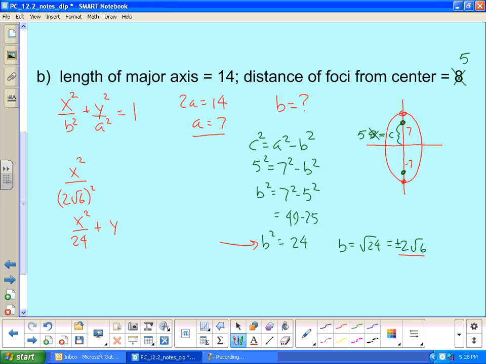Plus y squared over our a squared, and our a is 7 squared, so we're going to have 49, and that would equal 1. So there's our equation of this ellipse.